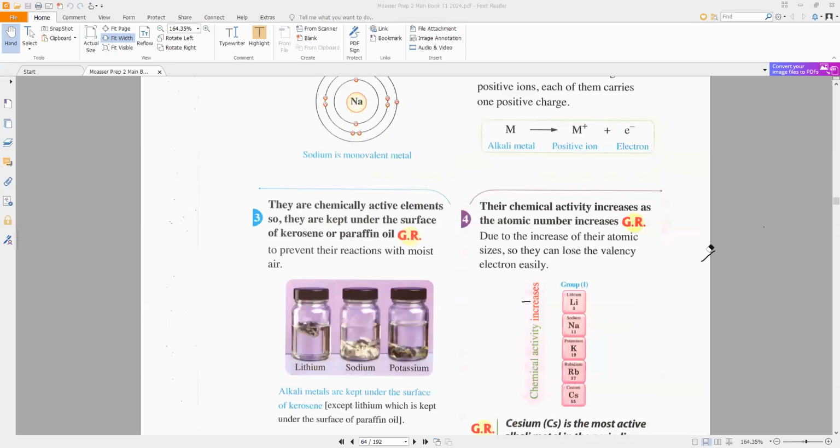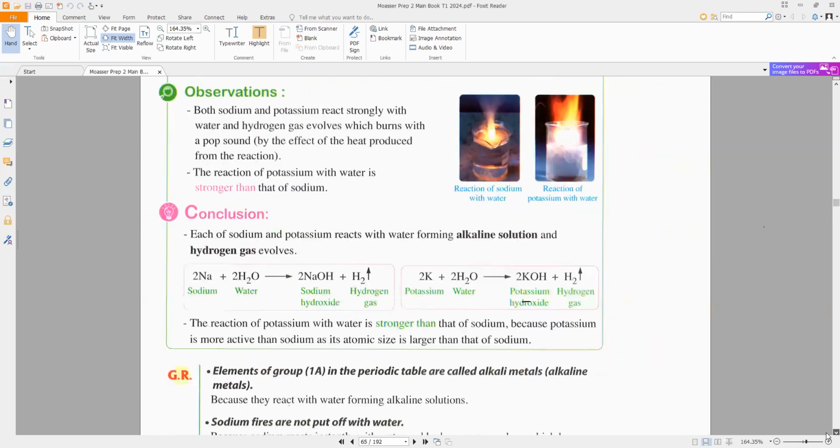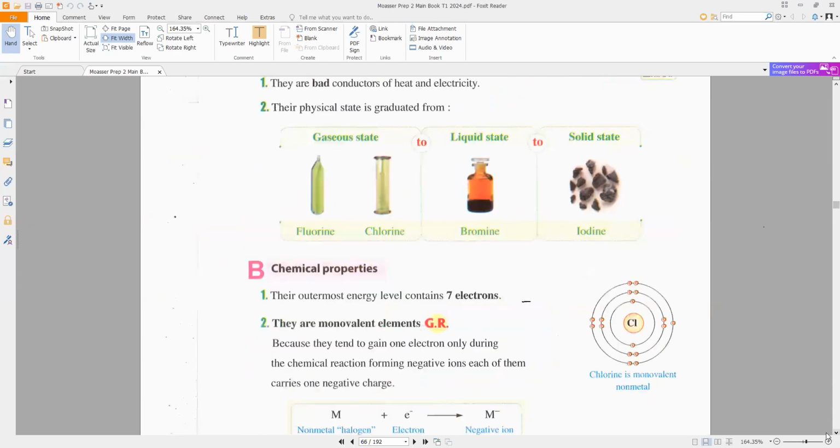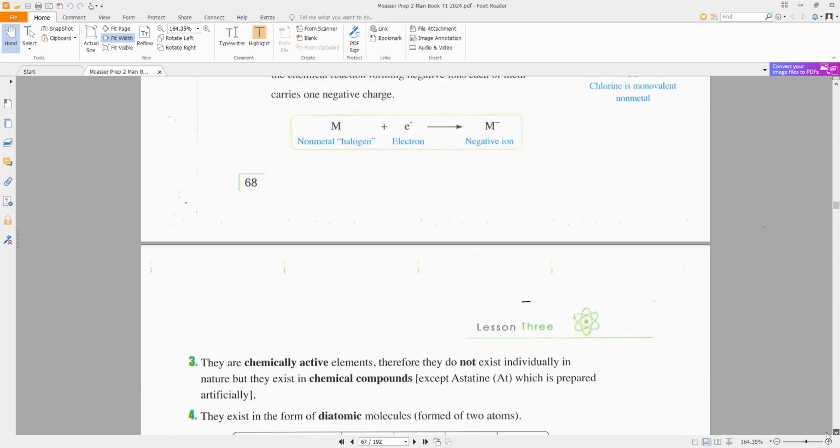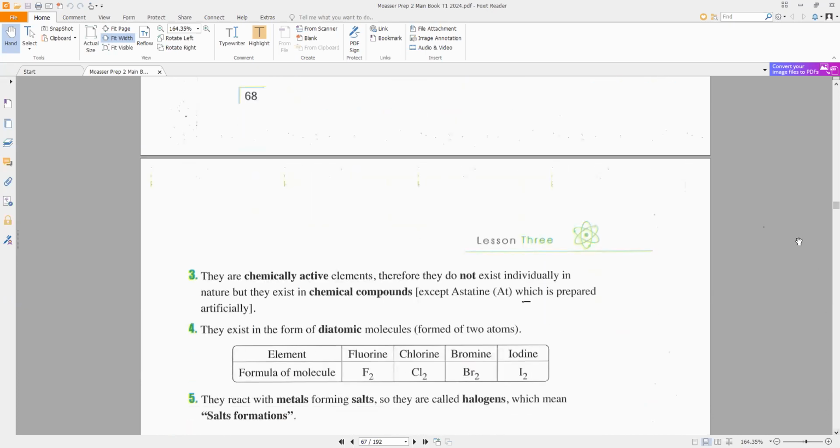But the halogen is also monovalent but diatomic. The halogens are monovalent because they gain 1 electron, change to a negative ion carrying 1 negative charge, but they are diatomic, meaning the molecule consists of 2 atoms.